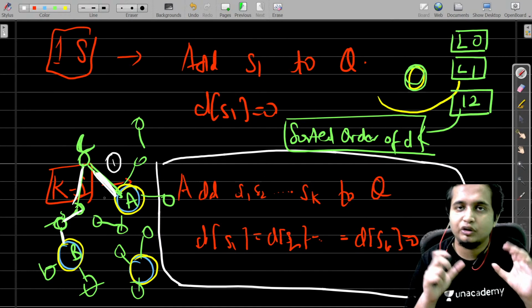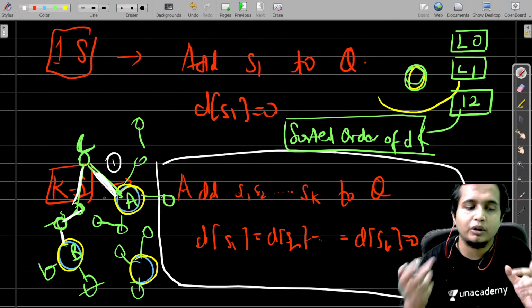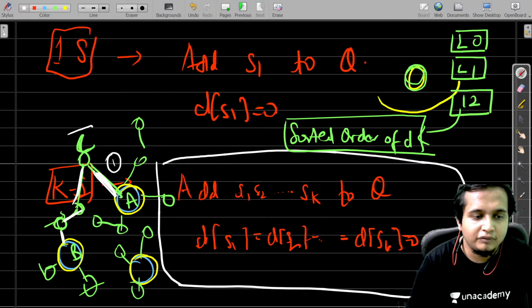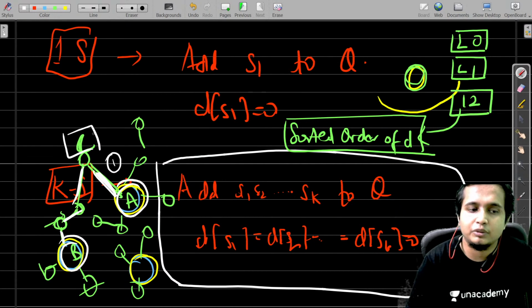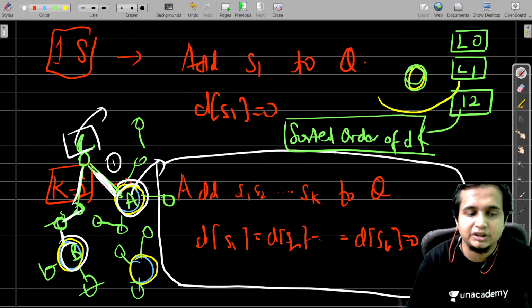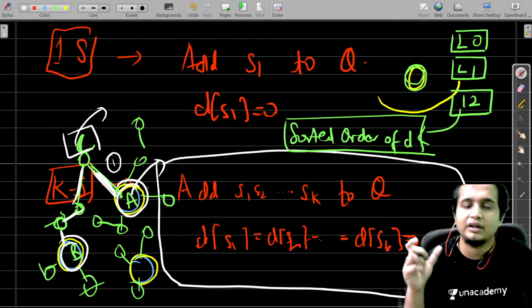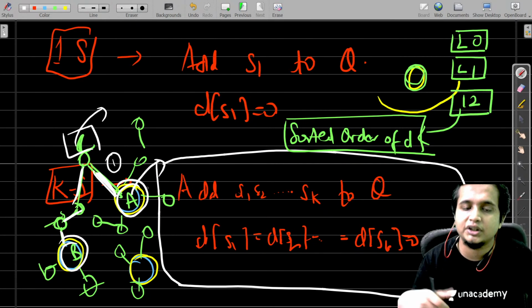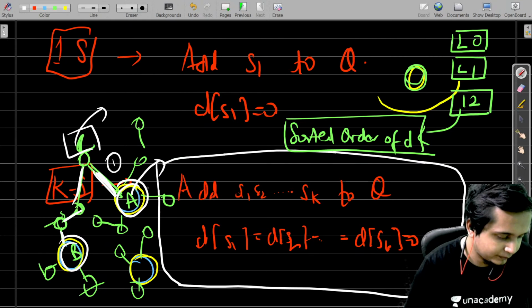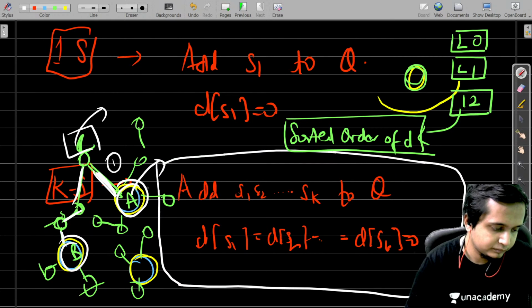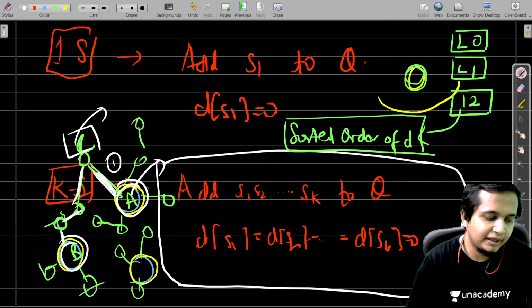In BFS, nodes are traversed in sorted order of distance. So C would be marked by this node A and not this node B. The distance of C would be updated by the distance of A, since in BFS we are traversing nodes in the sorted order of their distance from the source node. Is it clear now?